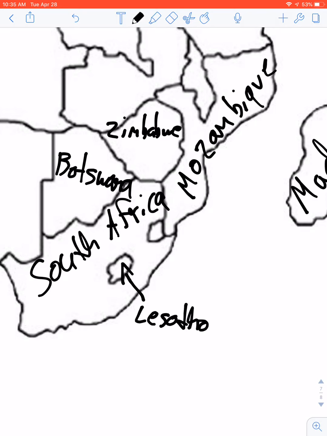They have some really cool and awesome safari parks there. So does Swaziland, which is this guy right here. Swaziland has the Kruger National Wildlife Park. It's an awesome park. It's featured in a lot of movies when they show families going on safari trips. Swaziland is famous for that. It's really cool. Try to go there one day.